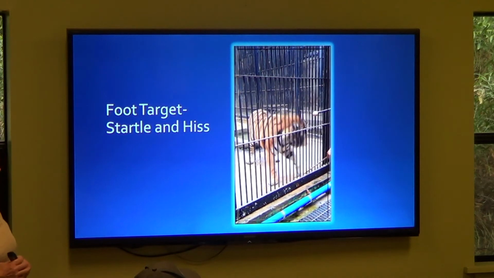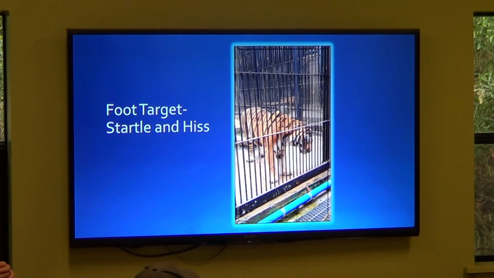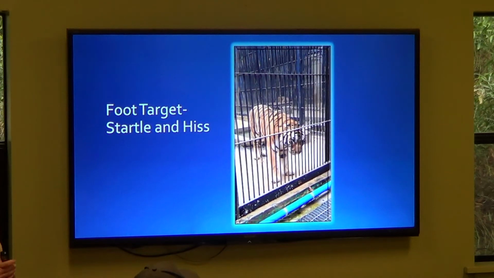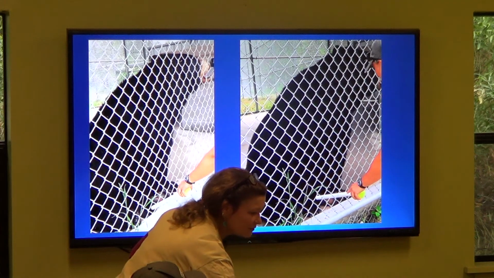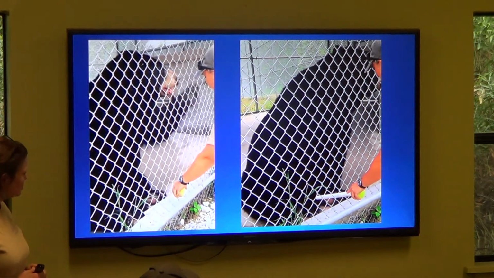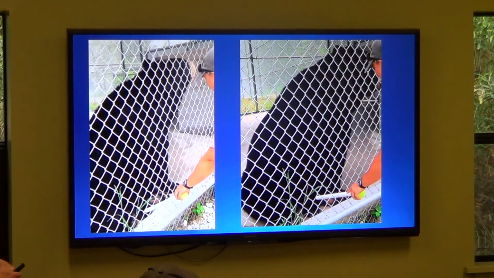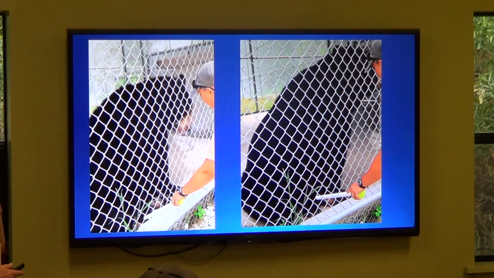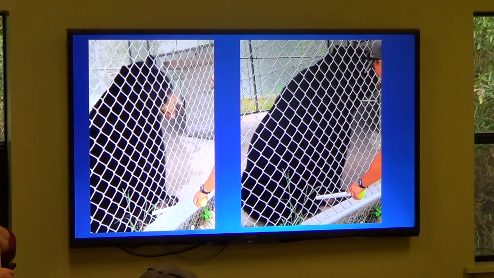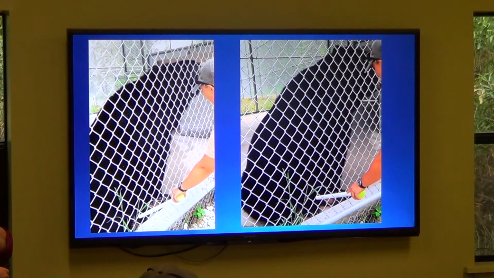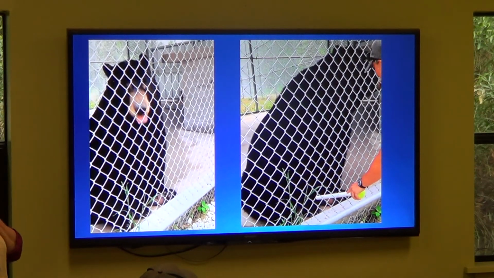All right, so this is just starting off foot target. You can see the tiger is not too keen on it. Lots of hissing and startling. Same thing with a bear. Just initially touching the foot. So of course we're going for this one, not the one he lifts. Actually touch his paw too. So touching and trying to bridge and reinforce just for the touch of that target.